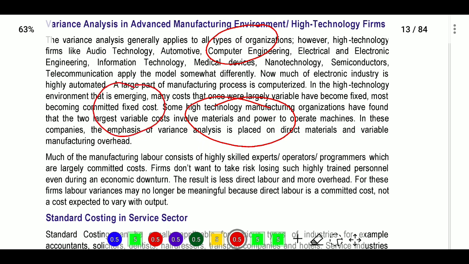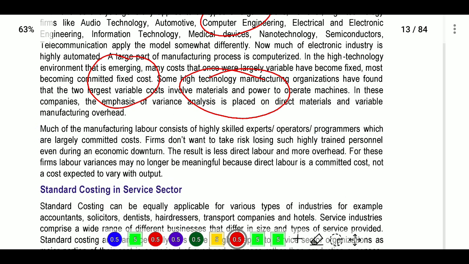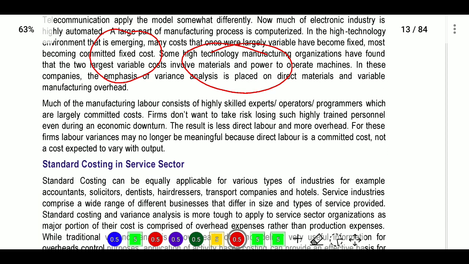In these companies, the emphasis of variance analysis is placed on direct material and variable manufacturing overheads. For these firms, labor variance may no longer be meaningful because direct labor is a committed cost, not a cost expected to vary with output. Much of the manufacturing labor is highly skilled.